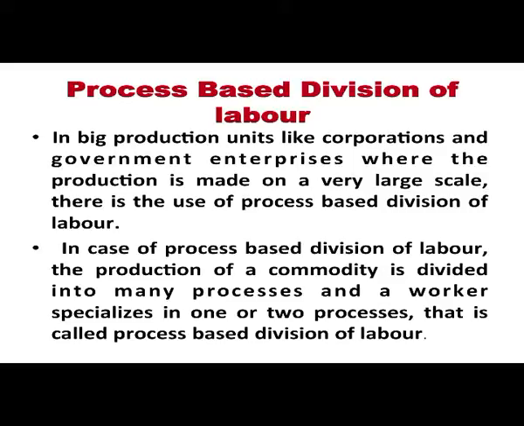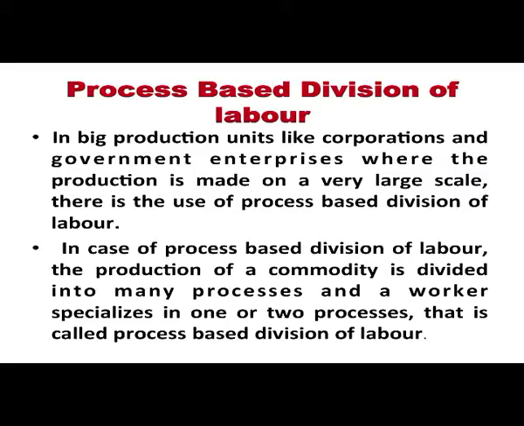The second division based technology is known as process based division of labor. In big production units like corporates and government enterprises, where the production is made on a very large scale, there is the use of process based division of labor.